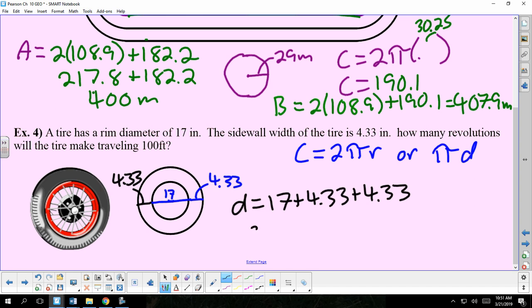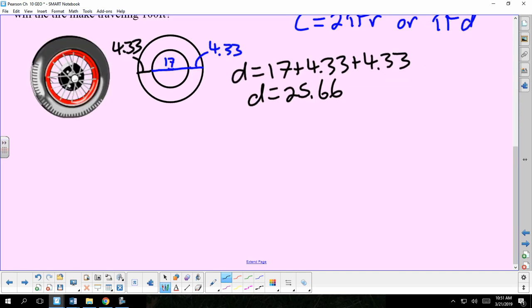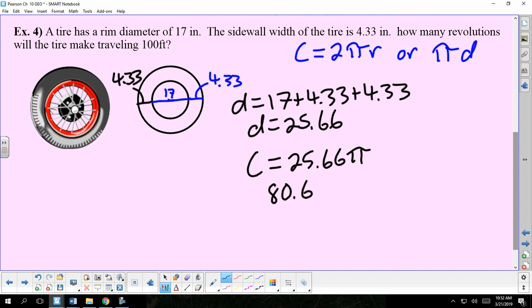And I get a diameter of 25.66. Therefore my circumference is 25.66 pi, or 80.6 inches.